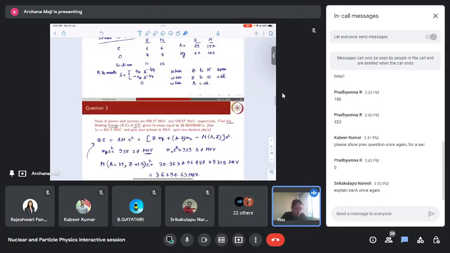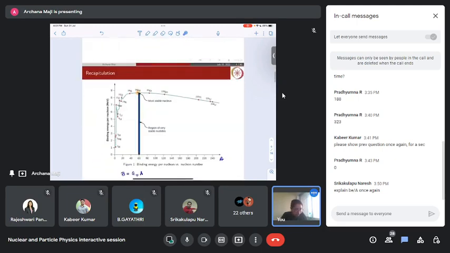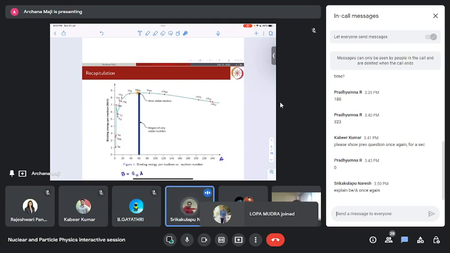Like for Fe in this graph, binding energy per nucleon is highest, almost 8.8 MeV or so. So it is the most stable element. Madam, why are we considering binding energy per nucleon instead of only binding energy?